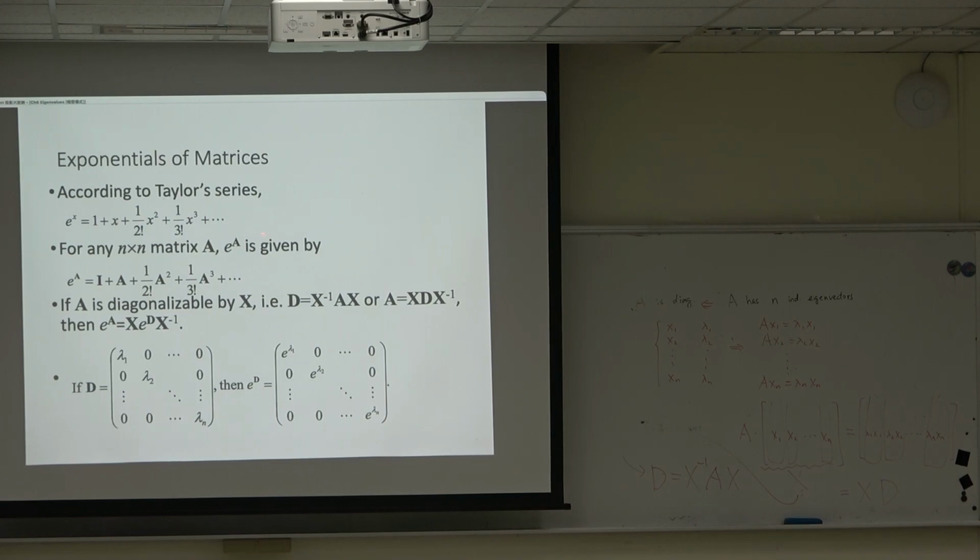Because it's an infinite series. So for any n by n matrix A, e to the A is going to be given similarly, okay? You can express it in the exact same way.